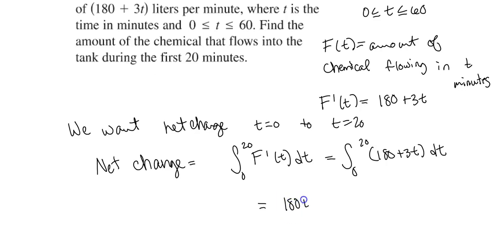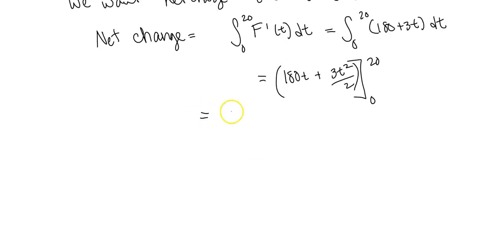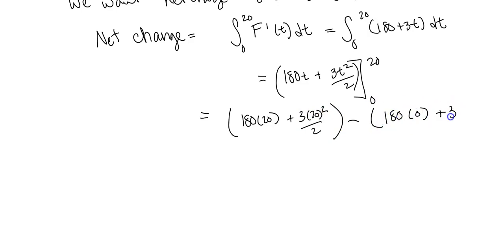This is going to be 180t plus, let's see, that'll be 3t squared over 2, from 0 to 20. So we'll have 180 times 20 plus 3 times 20 squared over 2 minus 180 times 0 plus 3 times 0 squared over 2.